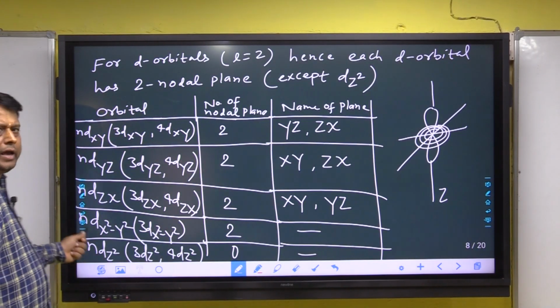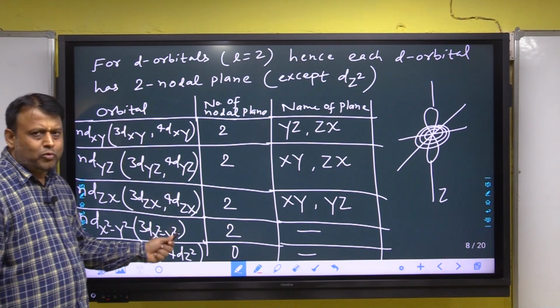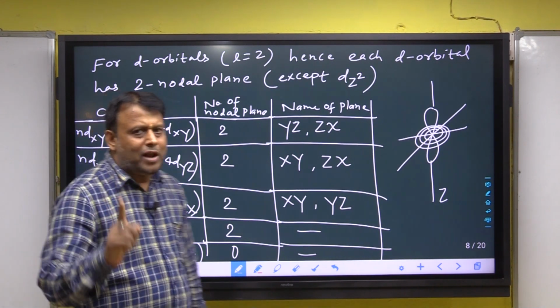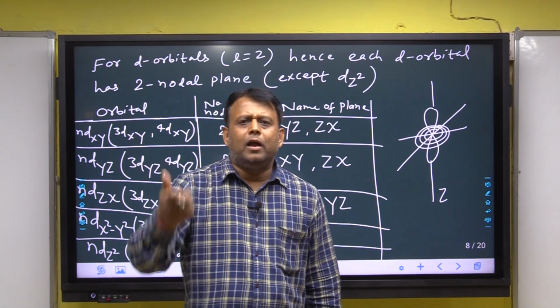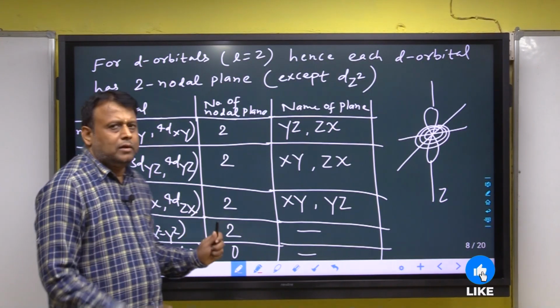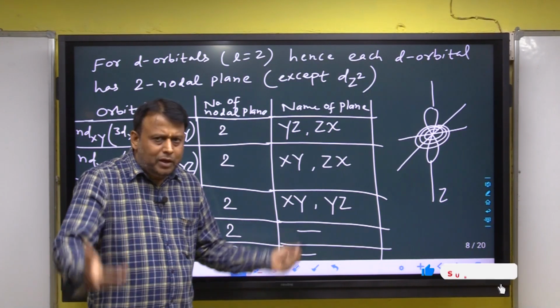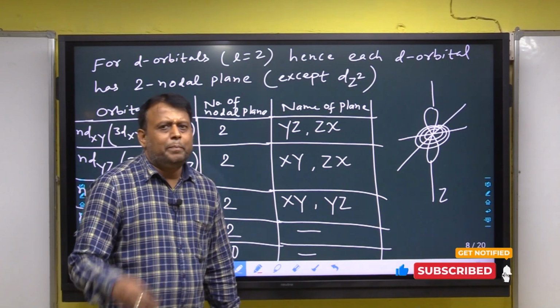And for any dx square y square, it means one dumbbell on the x axis, the other dumbbell on the y axis, number of nodal planes is equal to 2, but the name of the planes cannot be predicted.